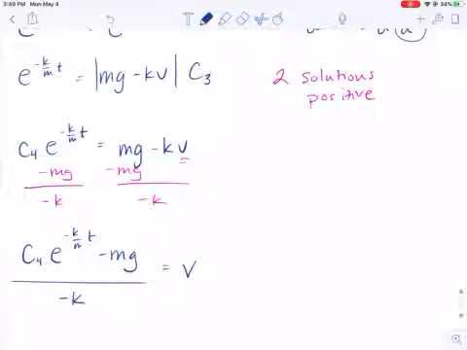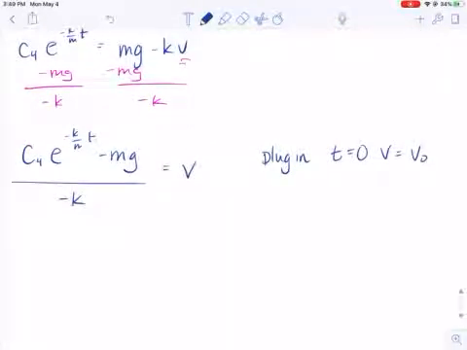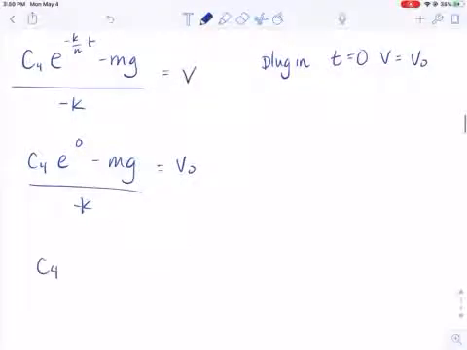All right, pretty great. Okay, we could clean this up a little bit. If we wanted to determine what c is, we could plug in at time equals 0, v equals v naught. So we've got c4 e to the 0 minus mg over negative k equals v naught. And now I'm solving for c4.